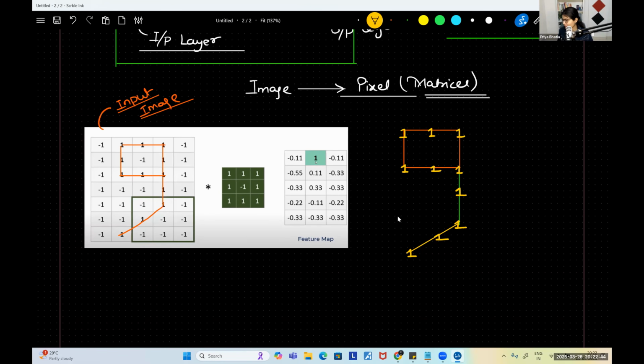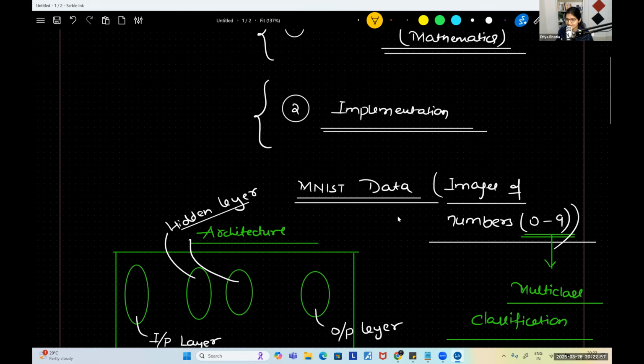And the remaining values, whatever the input shape we have, will be -1, -1. Is the matrix size always the same or will it be different? In this specific data set, it is already provided as 28 cross 28, which will be the same for each and every image. But it might be the case that when you're working with other data sets, the images are of different sizes.